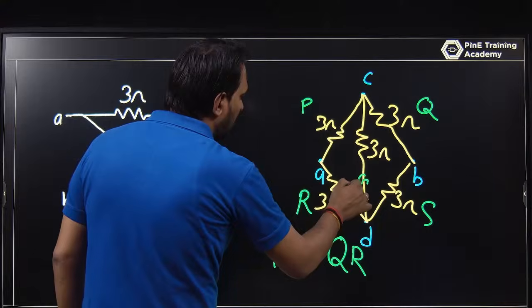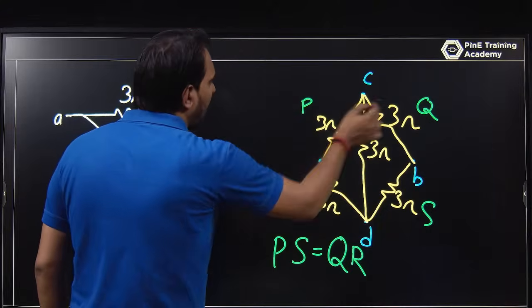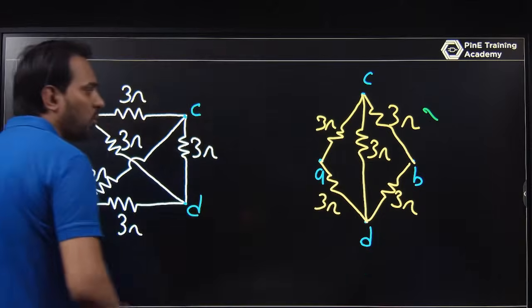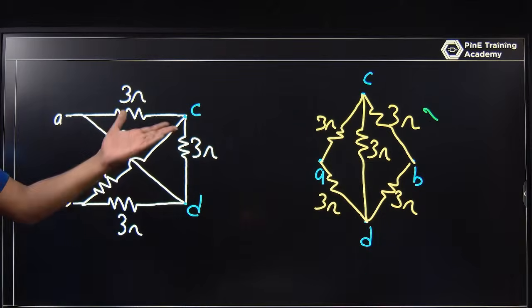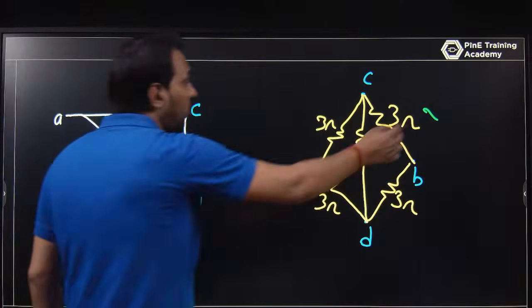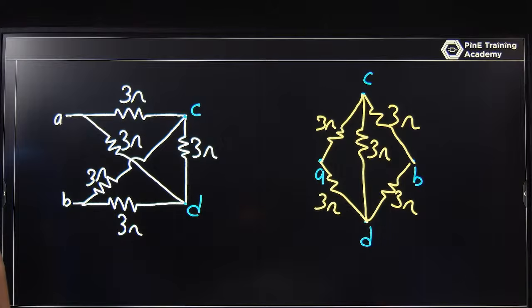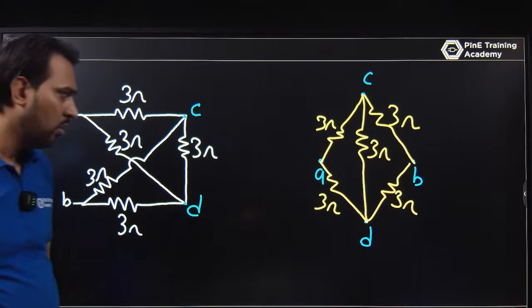If you know star to delta, that will be very easy to solve that question. Otherwise, if you know the potential divider or the Wheatstone bridge, you can solve it that way. So let's solve this question with the help of star to delta and delta to star.